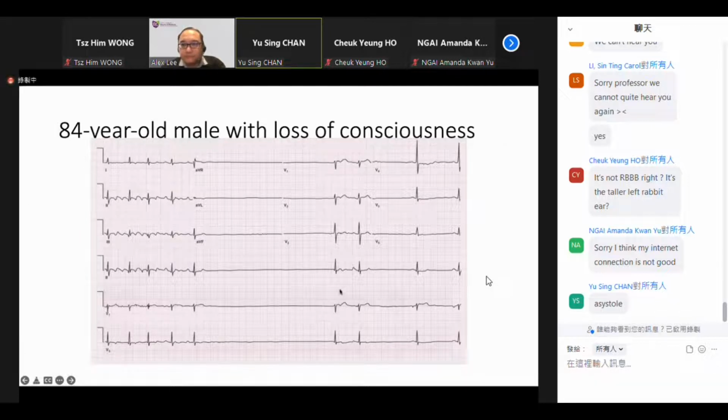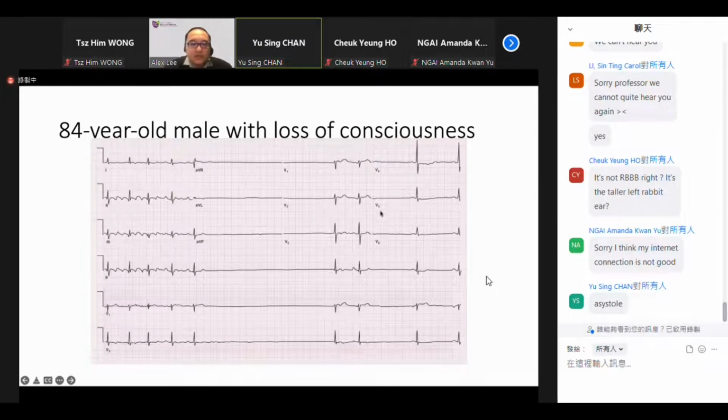Also because of the bradycardia, I will also think about heart block maybe. However, since the period between the QRS complexes is not regular, it may not be complete heart block, but I'm not very sure what it may be here.